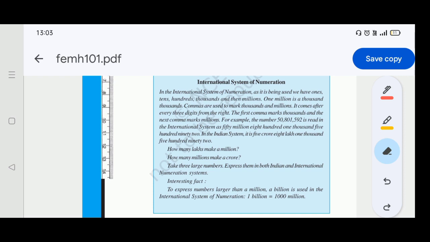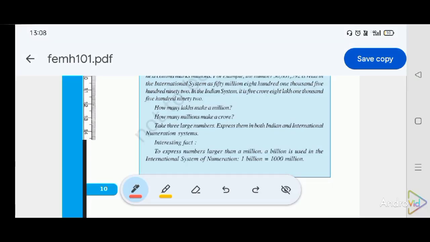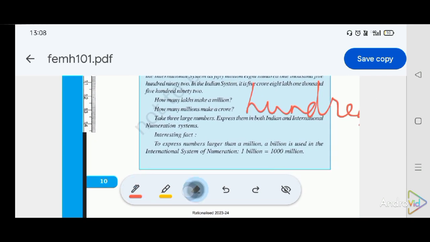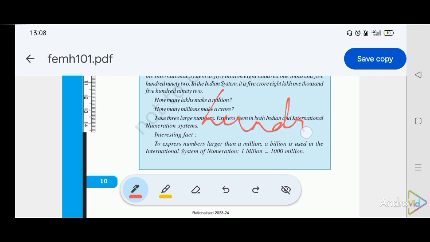We can write it as 100 lakhs. Hundred lakhs make a million.